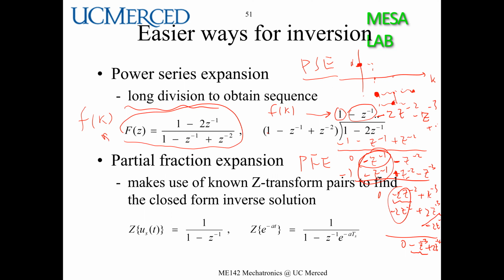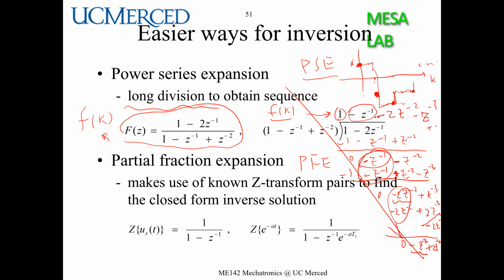So it's something like this, and maybe you can continue to do this. This is called long division. You should know how to do this. From long division, you can have f(k) recovered from these coefficients.